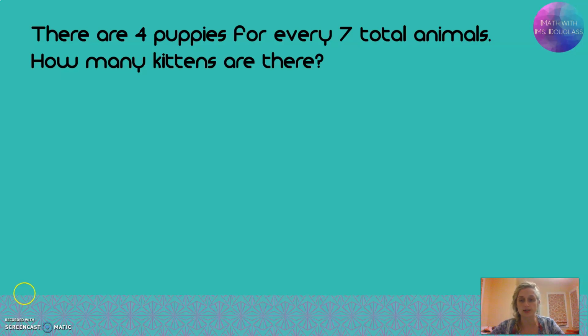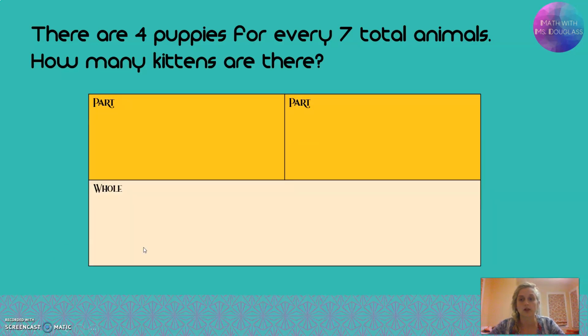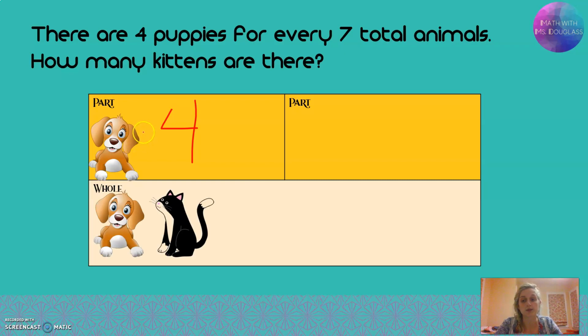I draw it out for myself. I have my part and whole. And I think, okay, so I know the part that's puppies. There are 4 puppies for every 7 animals. So that's 4 of these cute little puppies for every 7 total animals. Reading the whole question, I see that we're talking about puppies and kittens, so those must be the total. So this is 7 total puppies and kittens together.